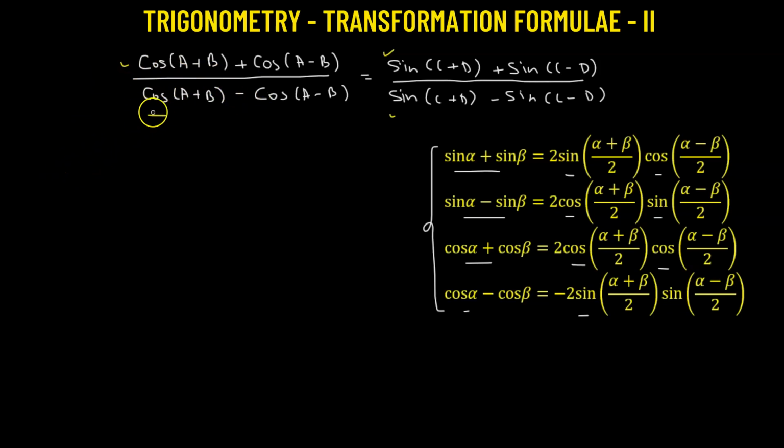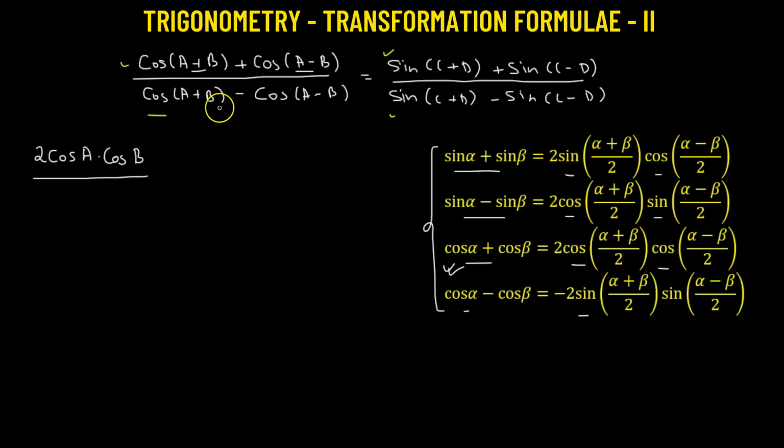On the left hand side, in the numerator, we have cosine of (a plus b) added to cosine of (a minus b). So we are going to use the third transformation formula, where we have 2 times cosine of angle, adding alpha plus beta, so that's 2a divided by 2, which gives us a, multiplied by cosine of, now we subtract (a plus b) minus (a minus b), so we get b, because we divide by 2 as well.